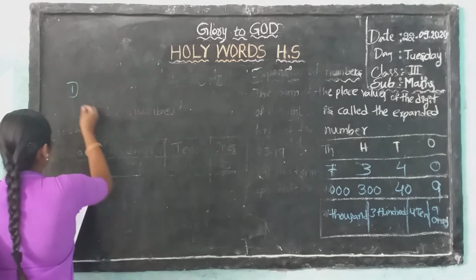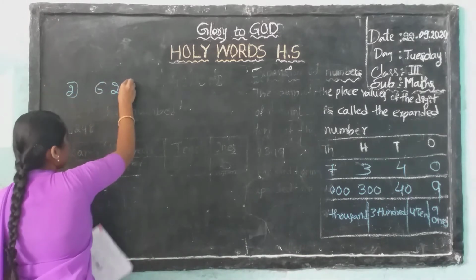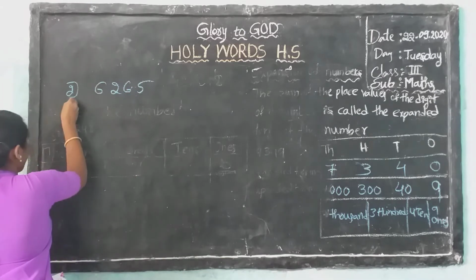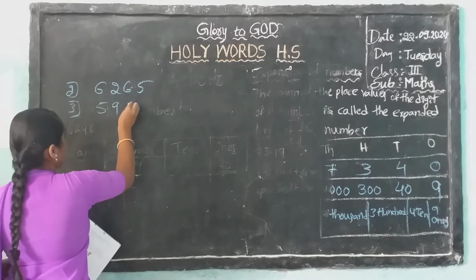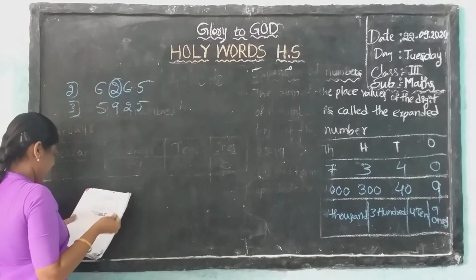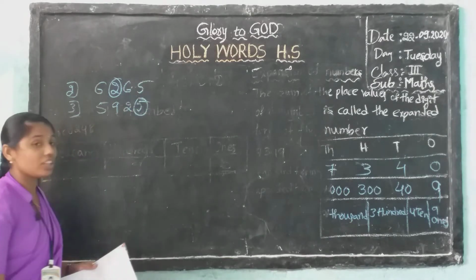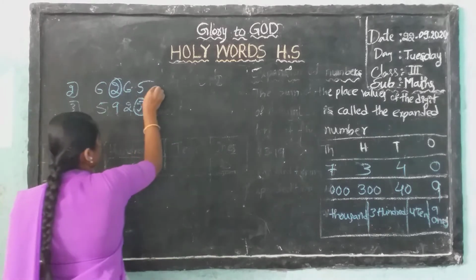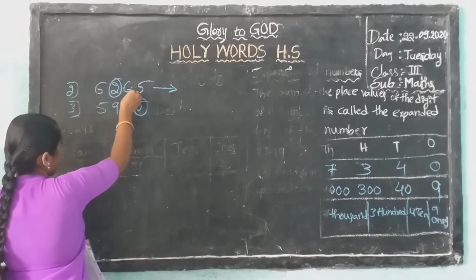The second one is 6265. The third problem is 5925. Here 2 is encircled and here 5. So this is place value.